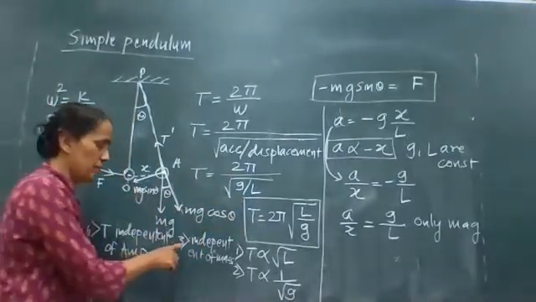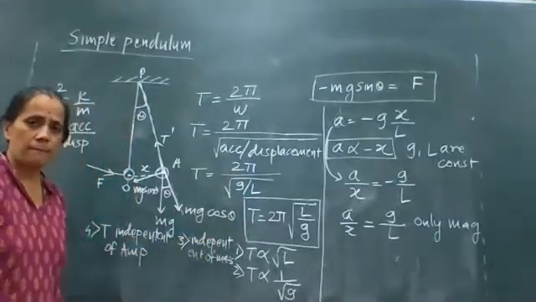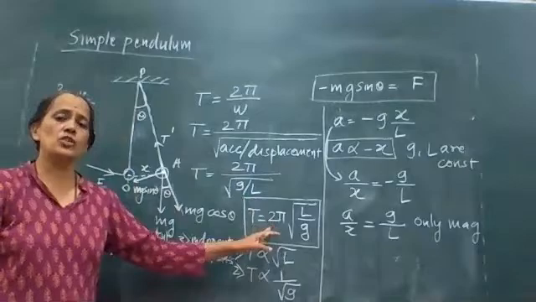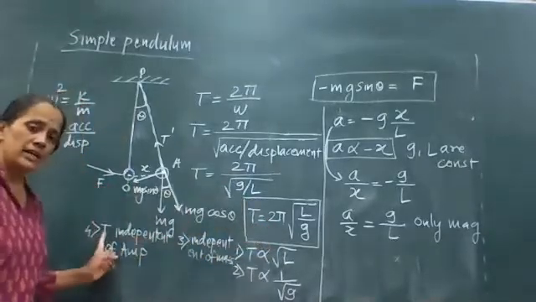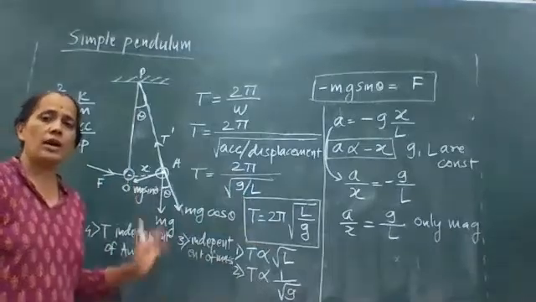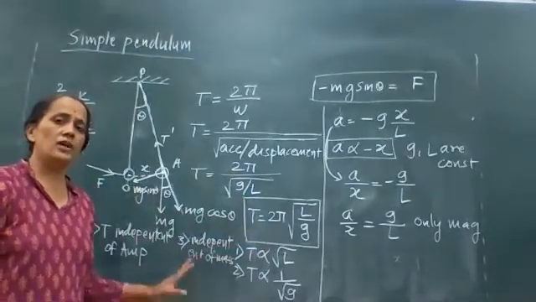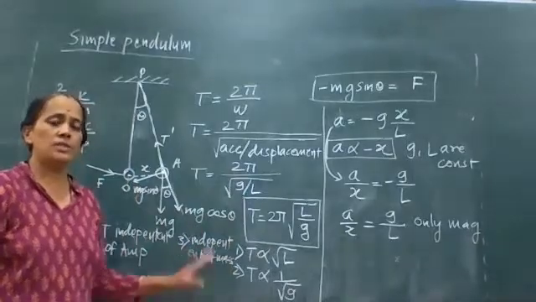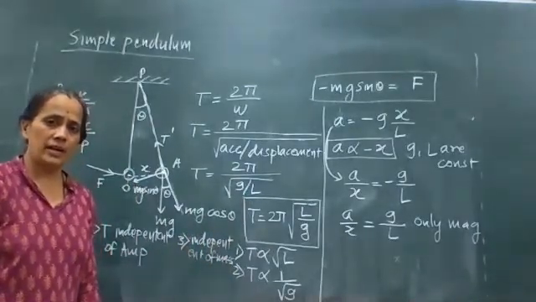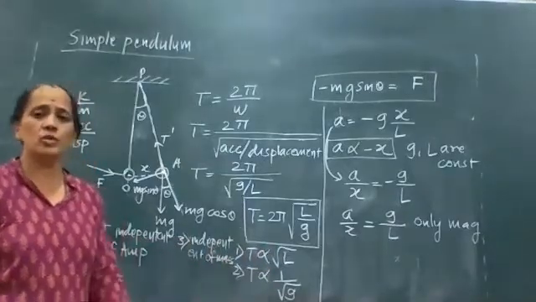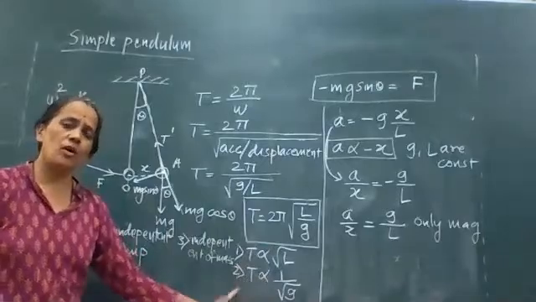So we can say the period of a simple pendulum is independent of mass. Also, it doesn't contain a term for amplitude. So we can say the period is independent of amplitude. And these four conclusions are called the laws of simple pendulum. Clear?